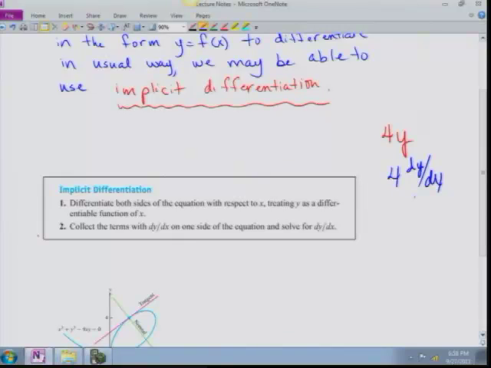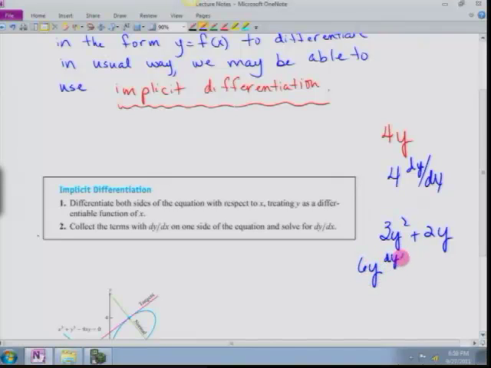So in these equations, if it's x, you'll just take the derivative as usual. If it's anything with y, you've got to tack on a dy dx. So if I had 3y squared plus 2y, what would be the derivative of that? 6y dy dx plus 2 dy dx.